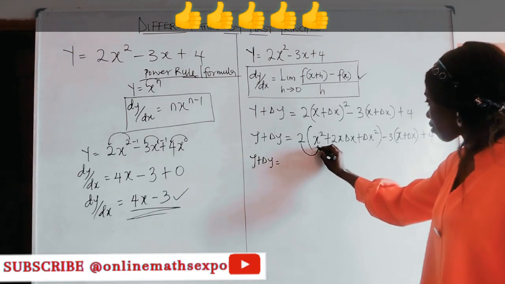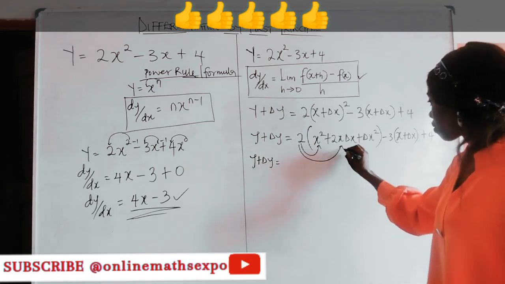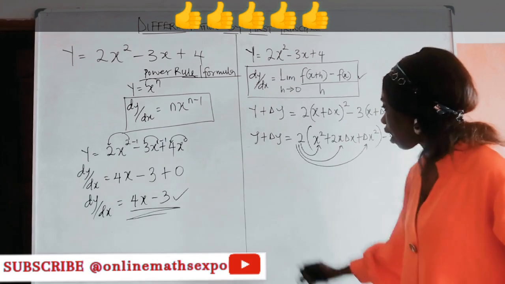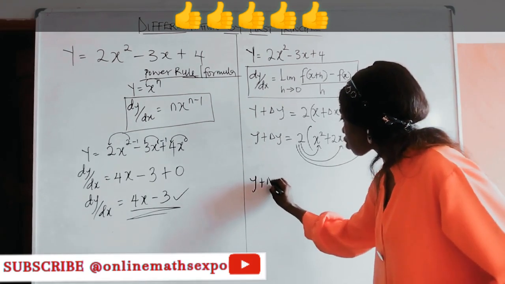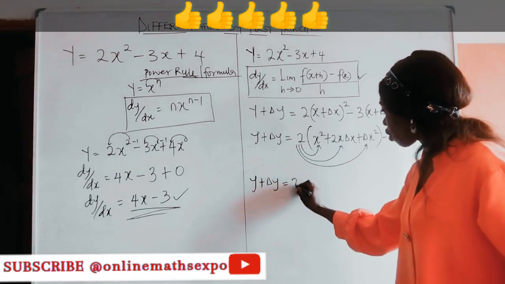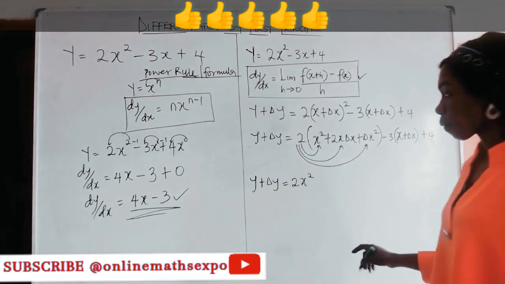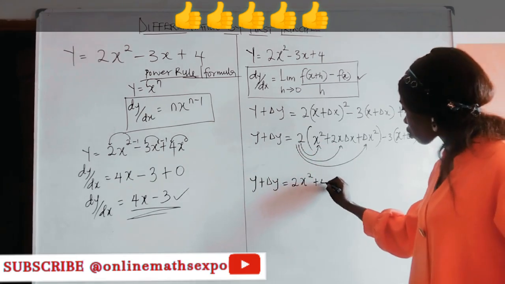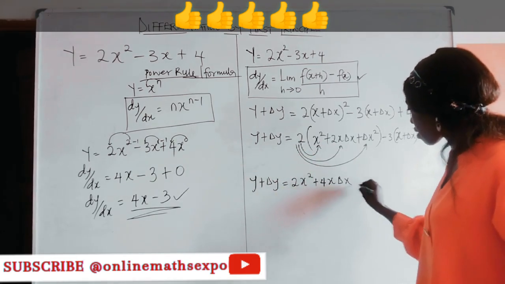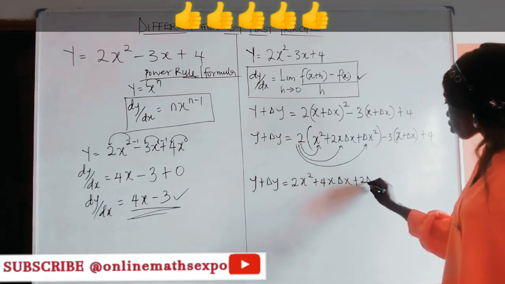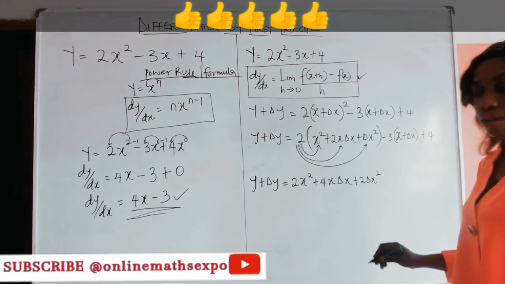So 2 will multiply everything inside the bracket. So in that case, we are going to have y plus change in y is equal to, 2 multiplies this will give us 2x squared. 2 multiplies this, 2 times 2 will give us 4. So we have 4x change in x. 2 multiplies this will give us 2 change in x squared.